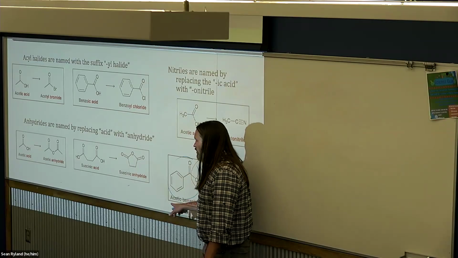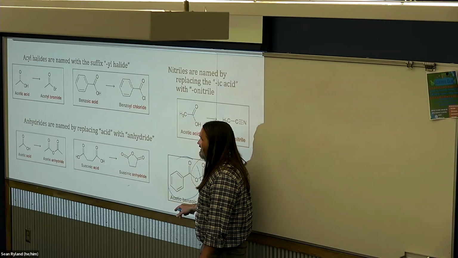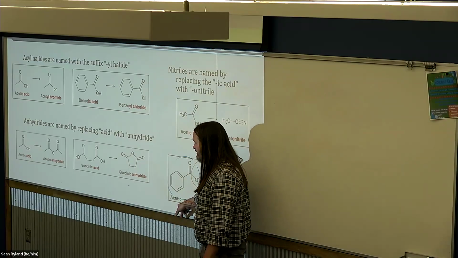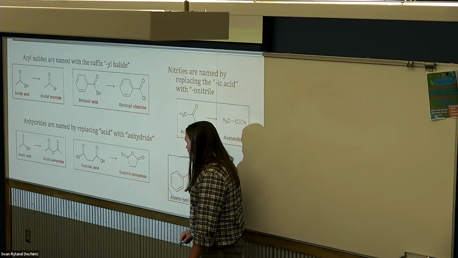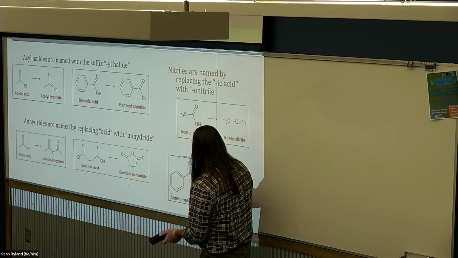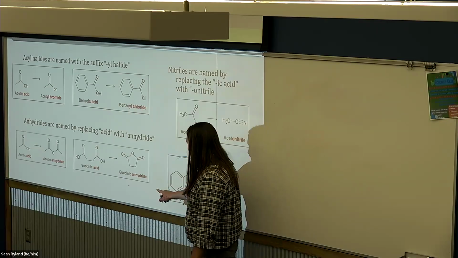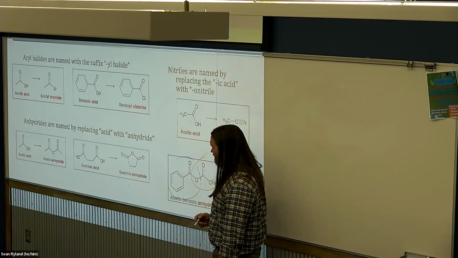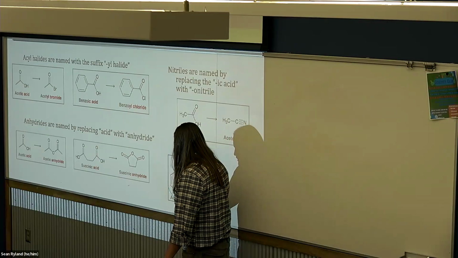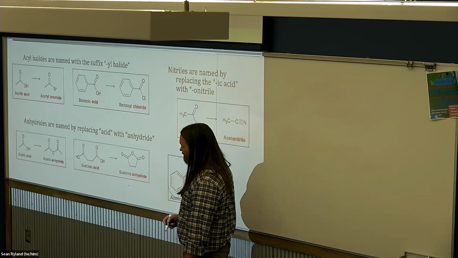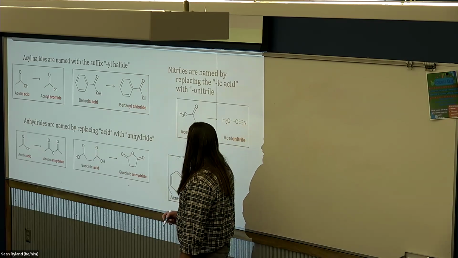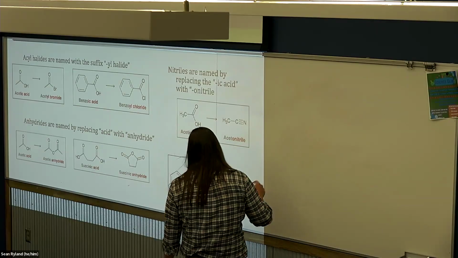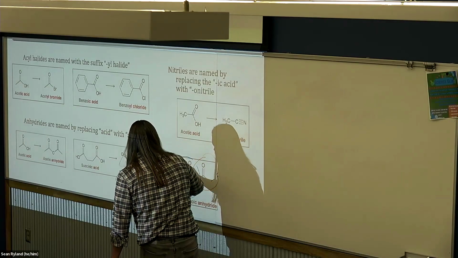That means you're naming both sides separately. If there was anything attached to the acetic acid, it would be named all as one word over here, right? Like if we had a fluorine on this side, you'd say fluoroacetic benzoic anhydride, but we need to make sure that the space stayed there. The same if we had a fluorine here.